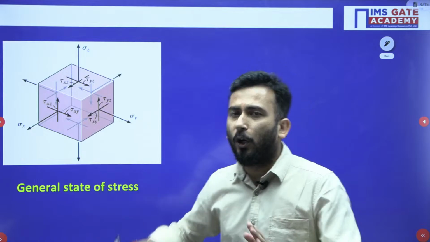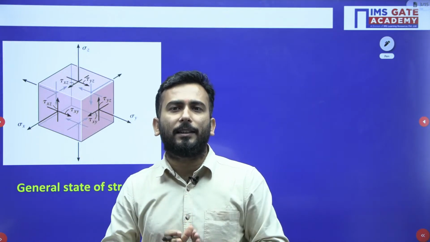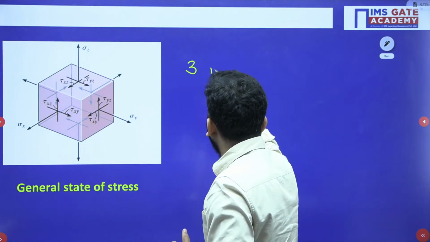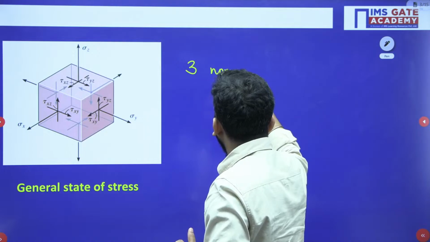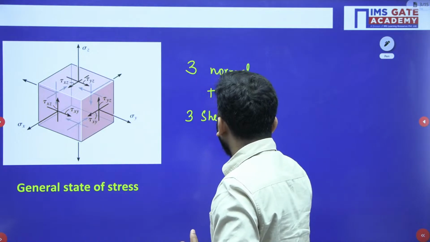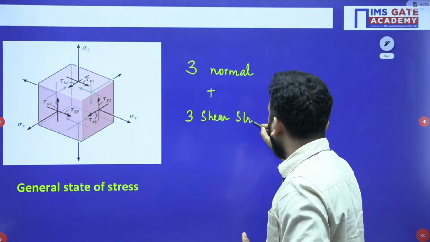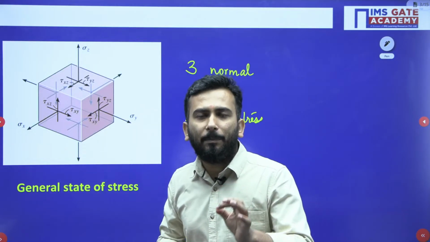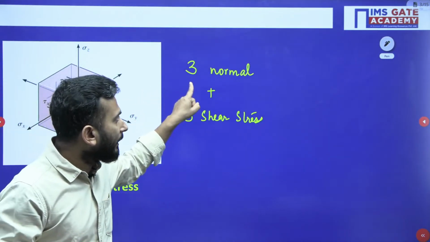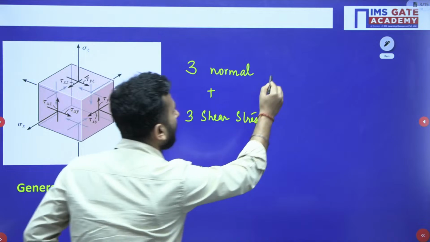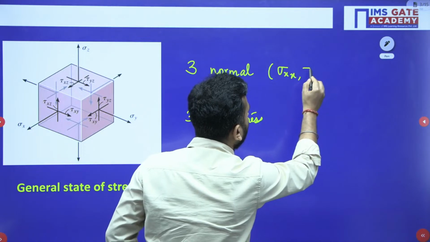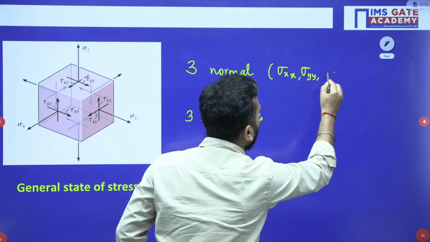So if I ask you how many independent stresses you are seeing on this cube, you will say, sir, 3 normal stresses plus 3 shear stresses. The 3 normal stresses are sigma xx, sigma yy and sigma zz.